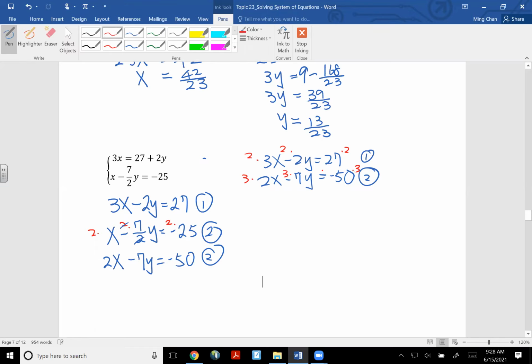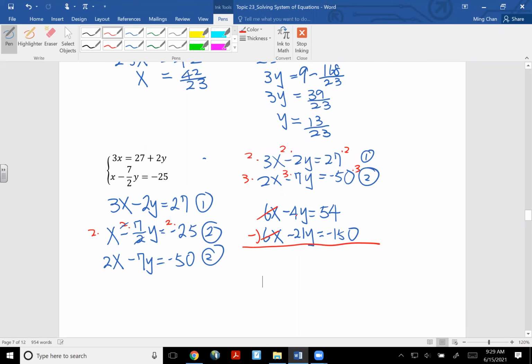And this is why I hate the elimination method, because I have to make my numbers bigger. Okay, but here we have no choice. So the first equation now becomes 6x minus 4y equal to 54. Second equation becomes 6x minus 21y equal to negative 150. All right, now I can eliminate x. Since x has the same sign, to eliminate it, we will subtract, because 6 minus 6 cancels out.